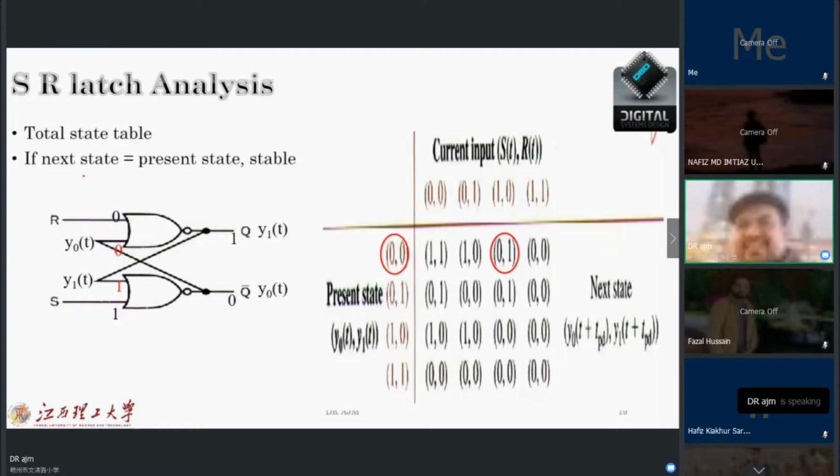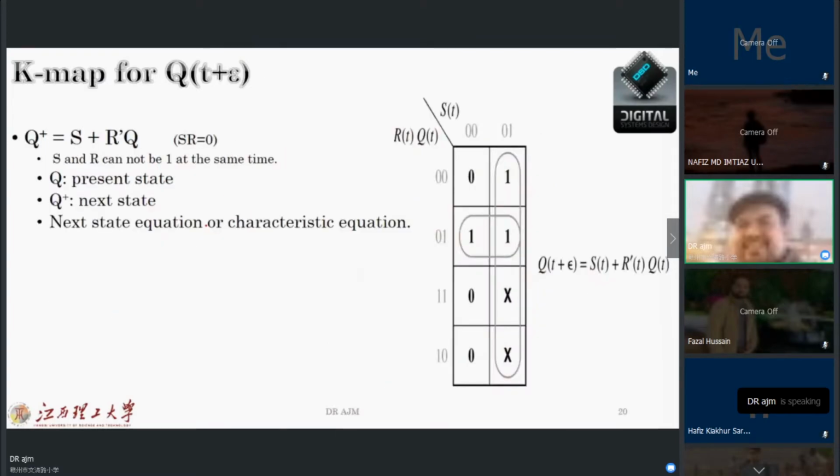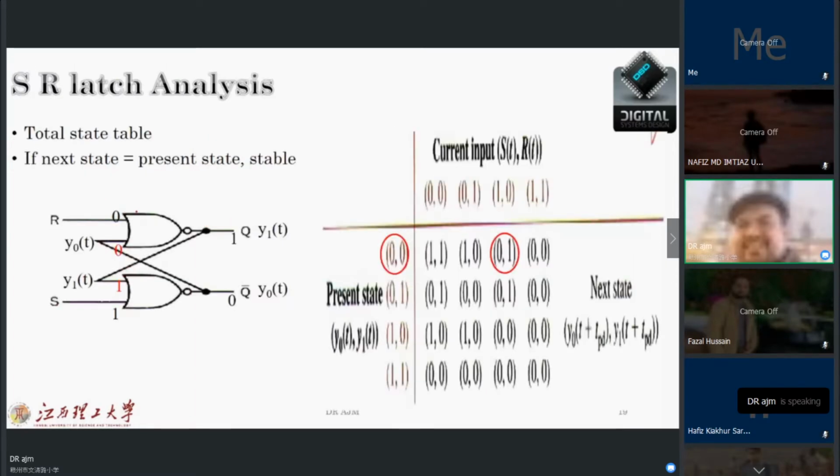Here again, I show the NOR gate SR latch, which shows the performance of this type of sequential circuit, and it's the same. But why do I bring it here again? Because maybe we will also learn how to present the state like the previous. Just see this, we will discuss this situation.